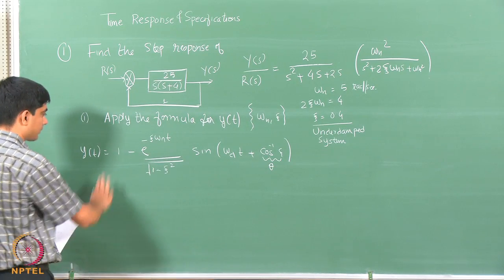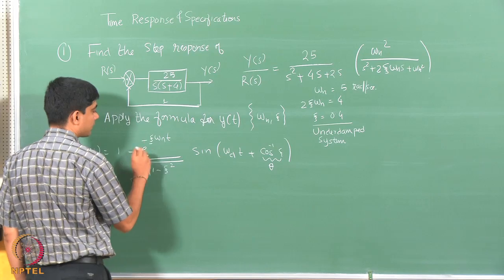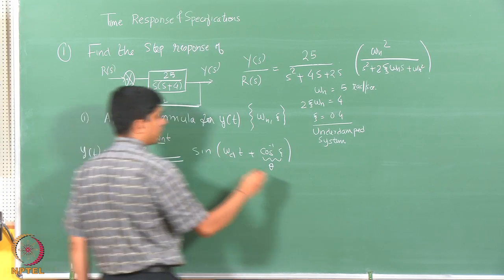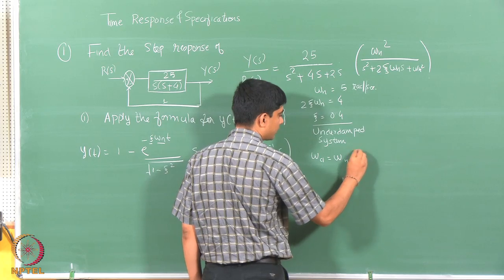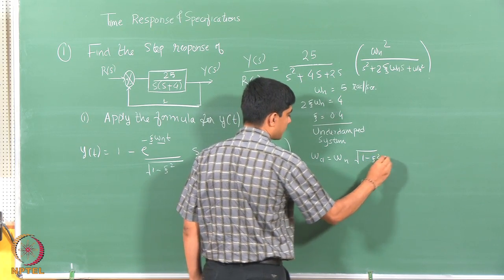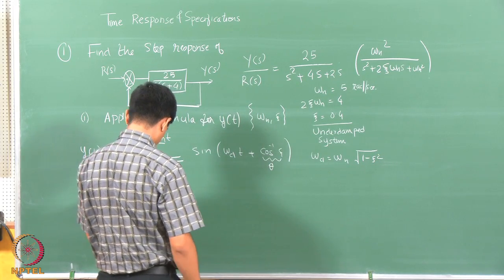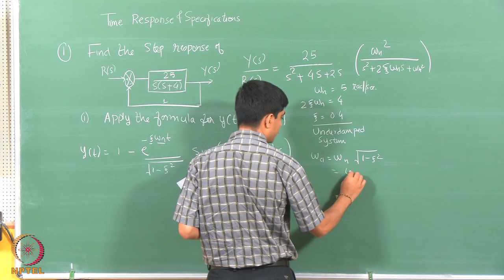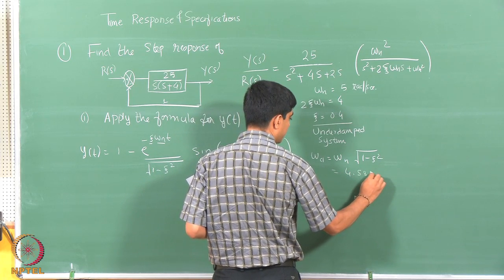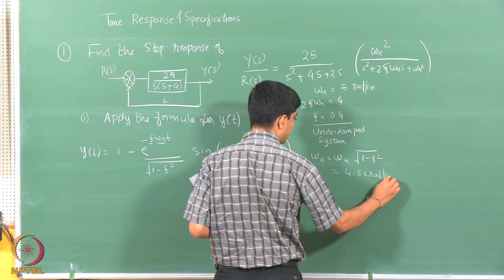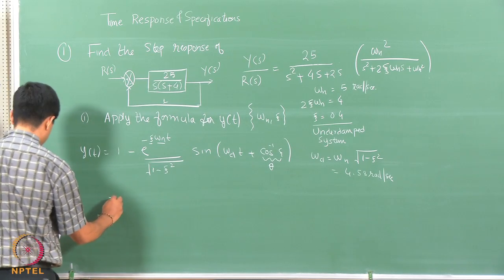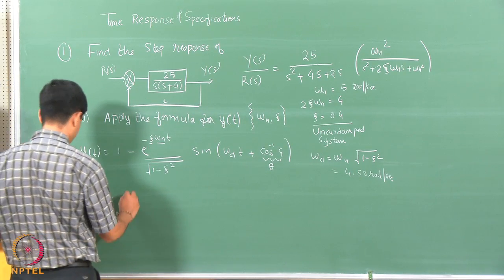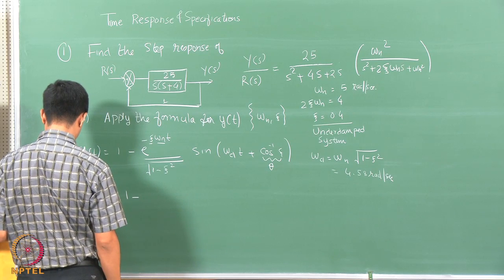Okay, and then, so I know the zeta, I know the omega n, I could compute omega d as omega n square root 1 minus zeta square, which turns out to be 4.58 radians per second, and I do all the computations and I just end up with this expression.